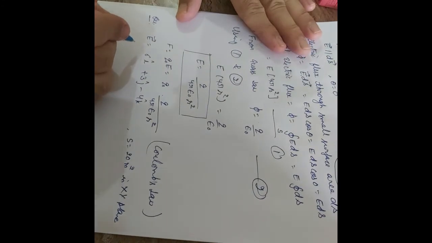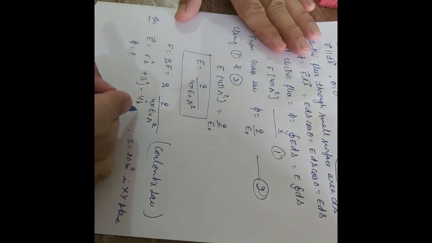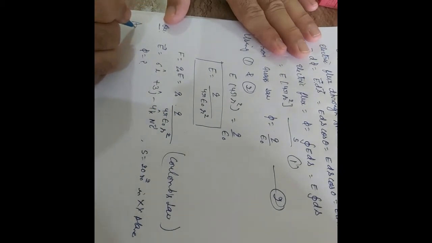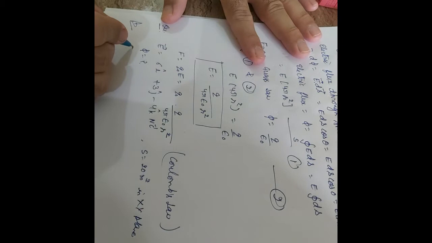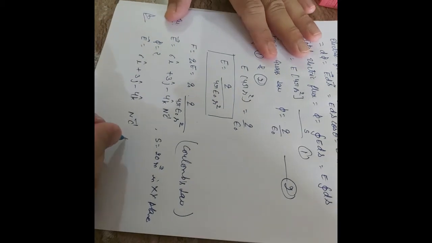I have to calculate the electric flux, where the electric field is given in Newton per Coulomb. Now E is 6i plus 3j minus 4k Newton per Coulomb.